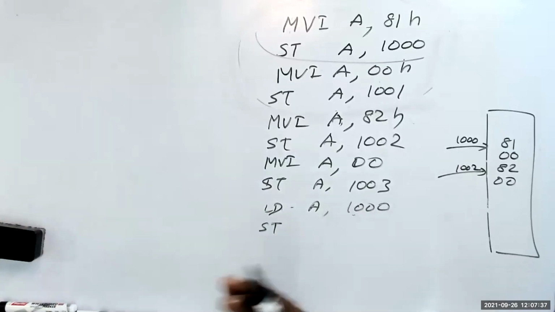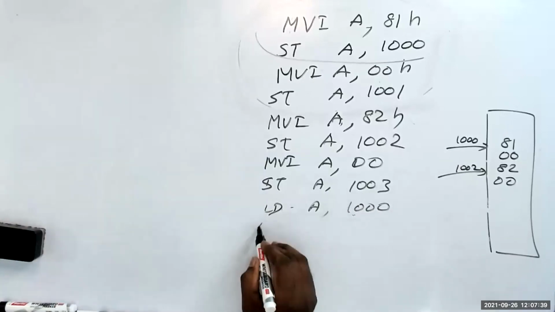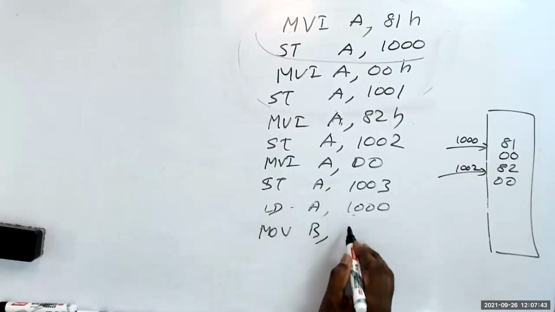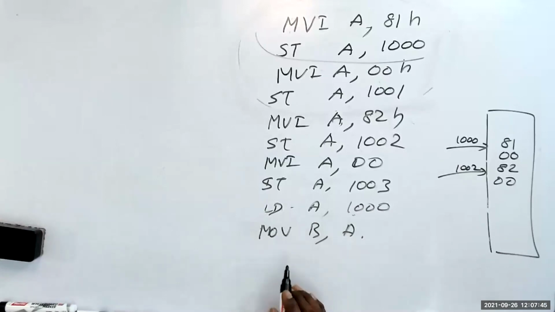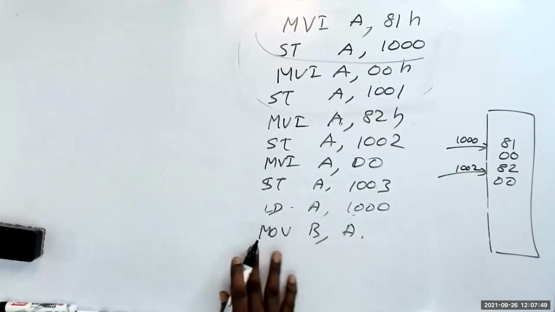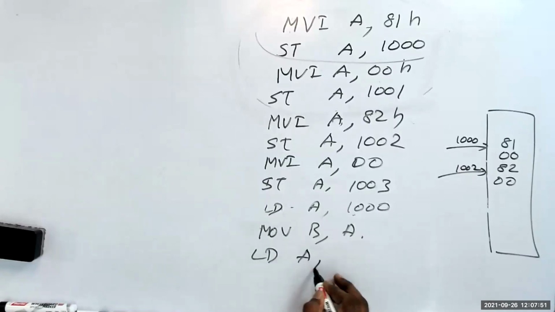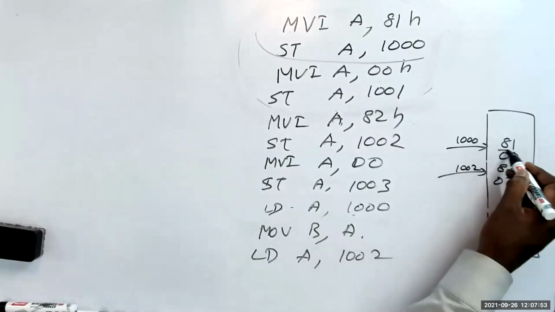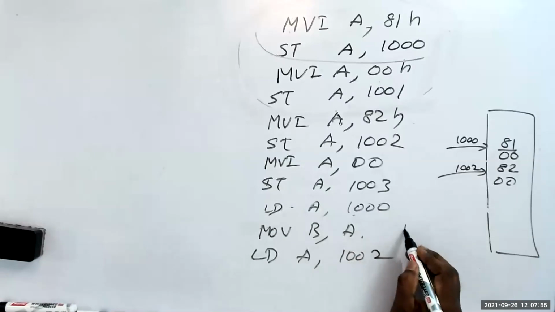Now I see that load. Then I say move B, A. Then I say load accumulator, 1002. So 81 has come to B. Now B is having 81.